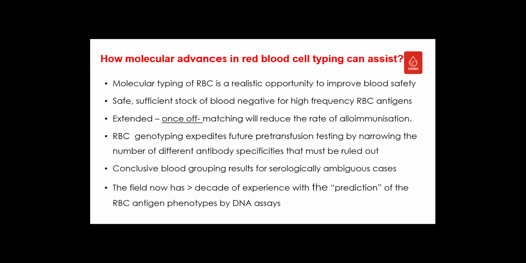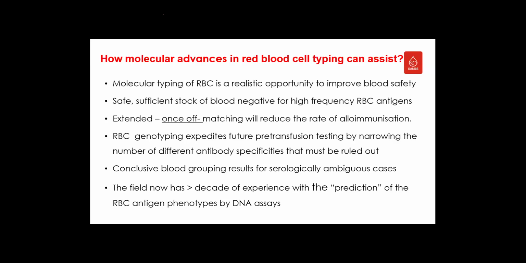And also, as I've mentioned, it is extended typing. It's once off and will reduce the rate of alloimmunization. Red blood cell genotyping expedites future pre-transfusion testing by narrowing the number of different antibody specificities that must be ruled out.